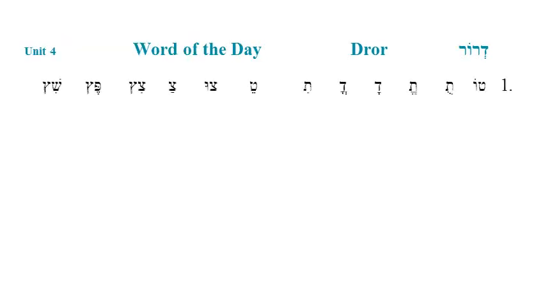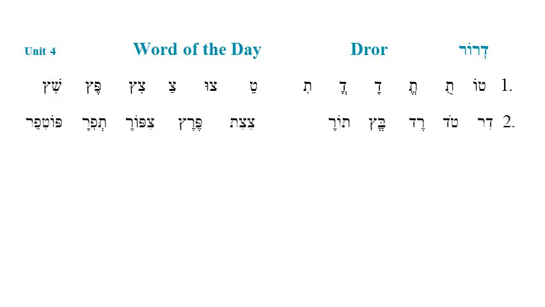All right, we're going to do this now a little bit more quickly, and we're going to try and build up some speed and some confidence. Here we go. To, tu, te, da, do, ti, te, tsu, tsa, tsits, pets, sheets.